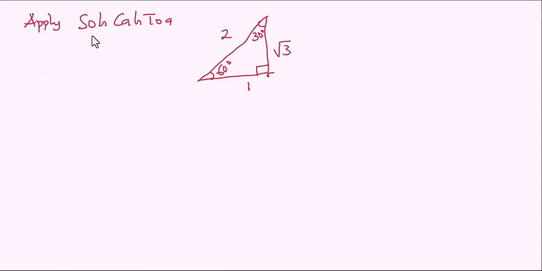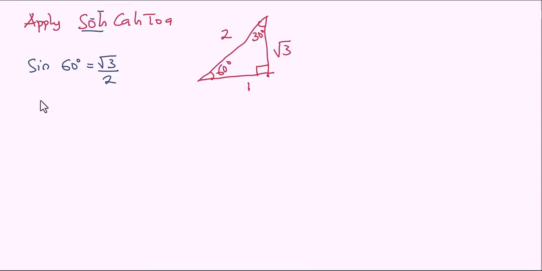The first is sine. Sine 60 degrees is equal to opposite over hypotenuse. The opposite is this, the side facing the angle, which is root 3, over the hypotenuse, which is 2.